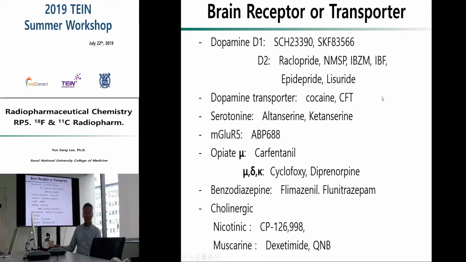As you know, Myung-Chul Lee earlier was a visiting scientist at Johns Hopkins. All the different kinds of receptor or transporter imaging agents were developed for different types of brain receptor or transporter systems.